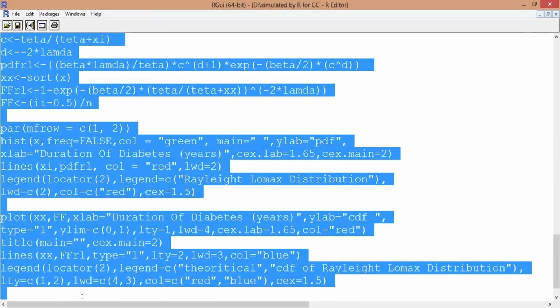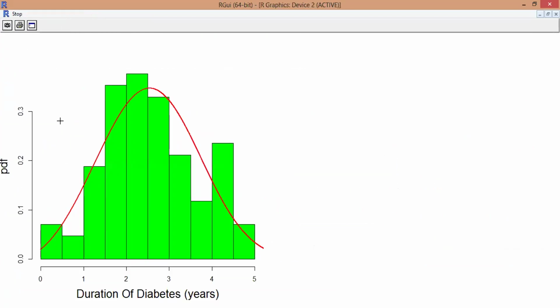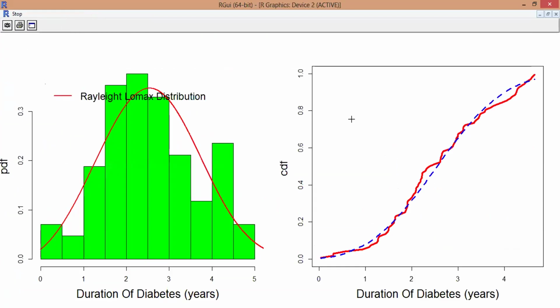And we can check. Okay, this one. So we can find the same result as the first research article. We succeeded in estimating the parameters because from the two figures, in the density plot, the green one means the histogram of the data can be captured by the red one, the density function of the Rayleigh-Lomax distribution.